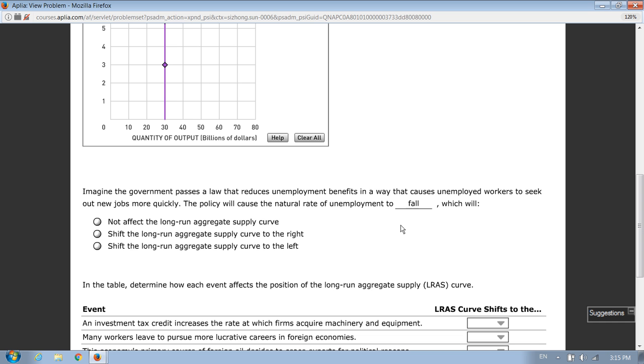So in the economy we have more people who are committed to producing goods and services, which shifts the long-run aggregate supply curve to the right.